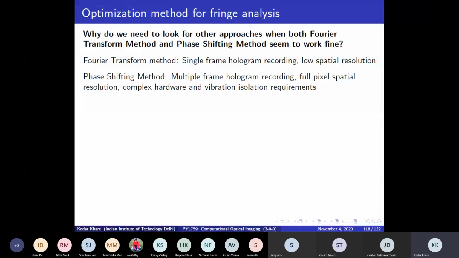But the problem is what we saw is the Fourier transform method, because it is a low pass filtering kind of method, you have low spatial resolution. So compared to what your camera can resolve, the object field is going to have less resolution.